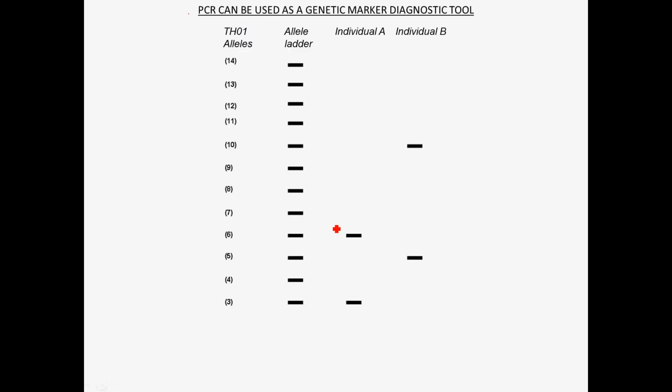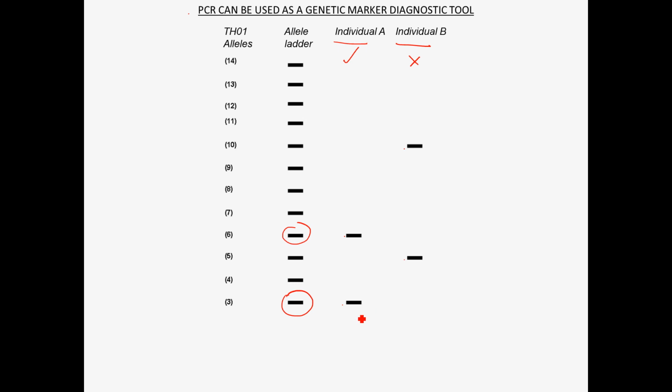If we have individual A and individual B, the question we're asking is, do you have the alleles associated with a certain disease? Individual A has a 6 and a 3, which are associated with that disease, so they would be amplified, and here you see that they are. Individual B happened to inherit 10 and 5, which are not associated with that disease, so individual A has inherited those sequences and individual B has not.